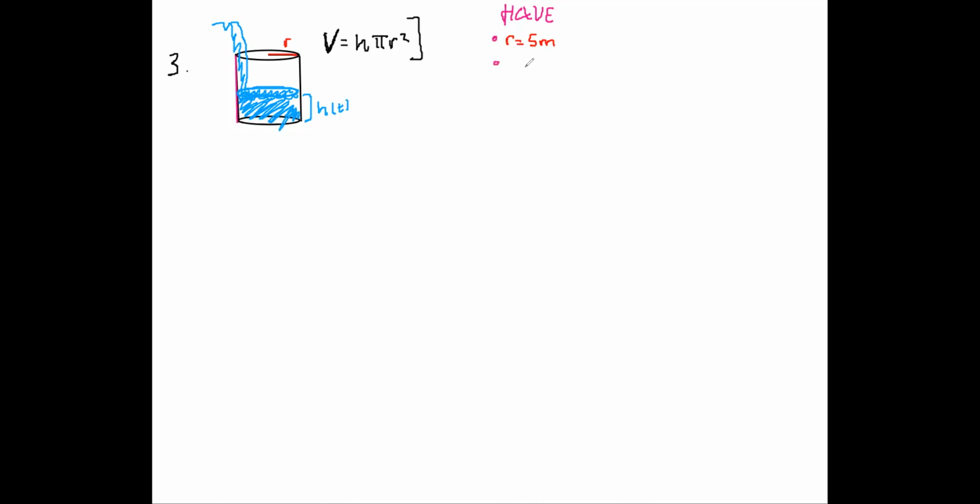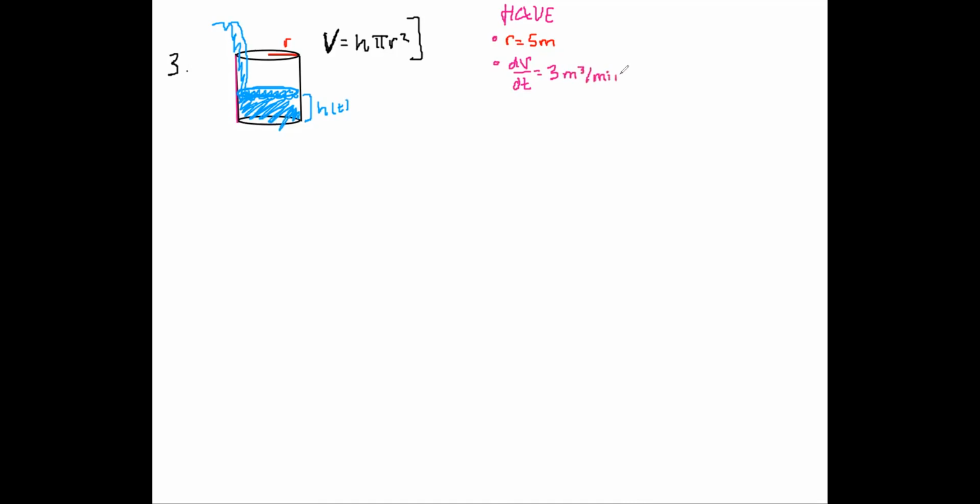Yes. We also have the rate at which it's being filled with water, which is equal to 3 meters cubed per minute. What does that rate mean in Leibniz notation? Wouldn't that be dV/dt? Yep, good.